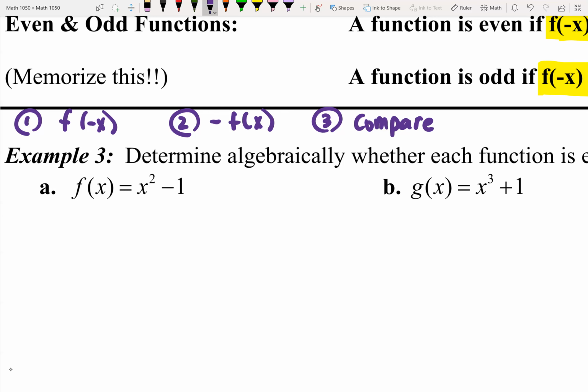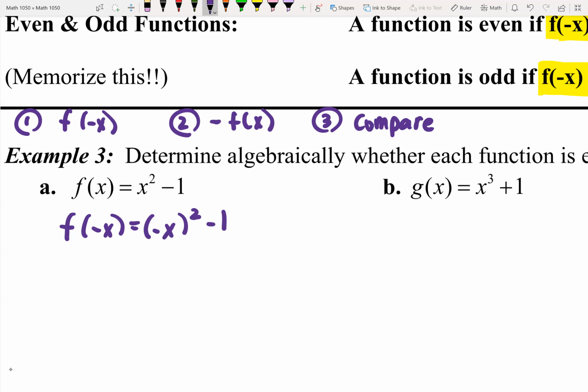Some of you have learned this before, and your teacher has taught you to put numbers in, like a 2 and a negative 2. You can't do that in 1050. You have to use x's. You have to use variables. Okay, so let's do the first thing. Everybody go f of negative x equals. I'm going to go over to the right-hand side, and wherever I see an x, I'm going to put in negative x.